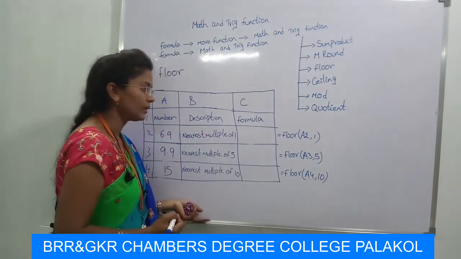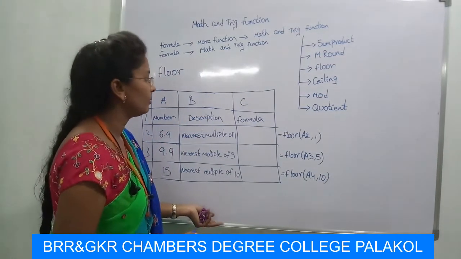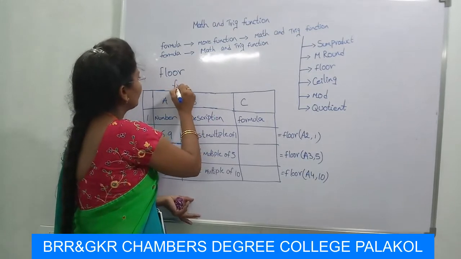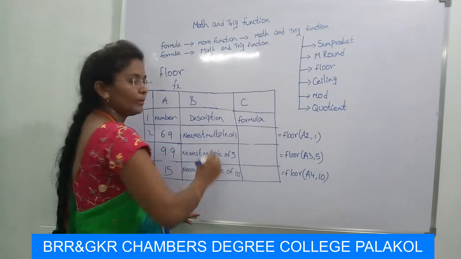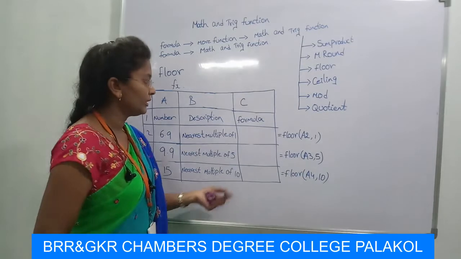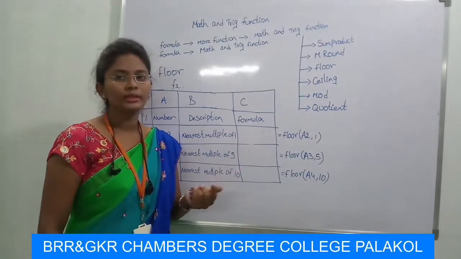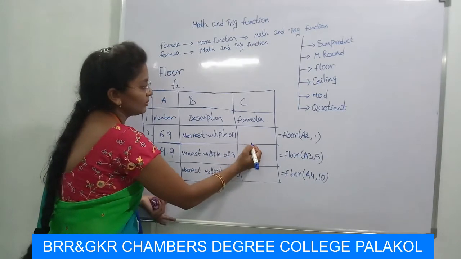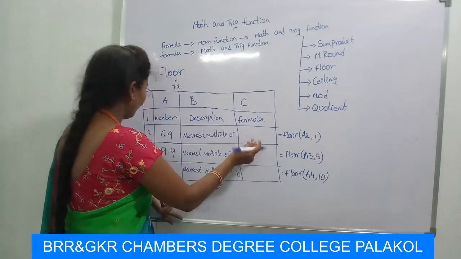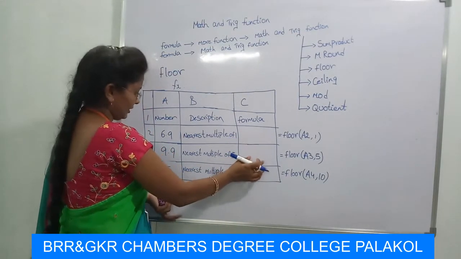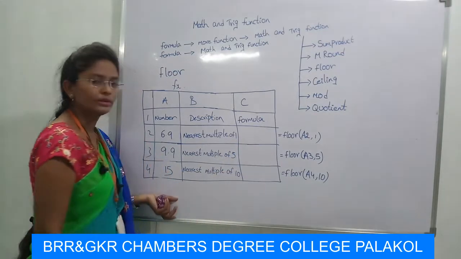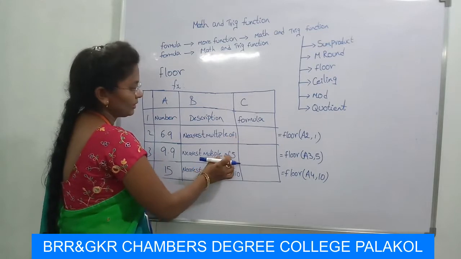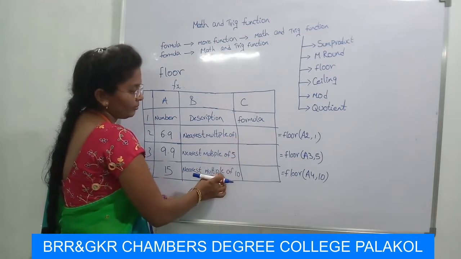After entering the formula in the formula bar, press the enter button. After pressing the enter button, it will display the result in the C2 cell, C3 cell and C4 cell, by using the multiple of 1, the multiple of 5, and the multiple of 10.